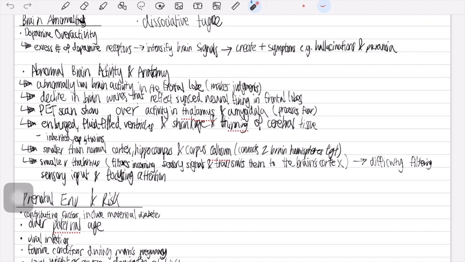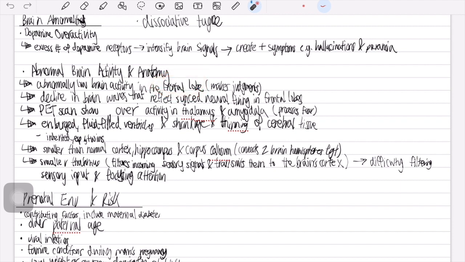And in terms of the brain anatomy, there's abnormally low brain activity in the frontal lobe. So this diminishes the logical thinking in the person and thus makes them more irrational and again paranoid.